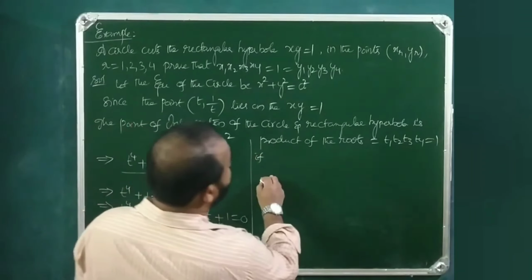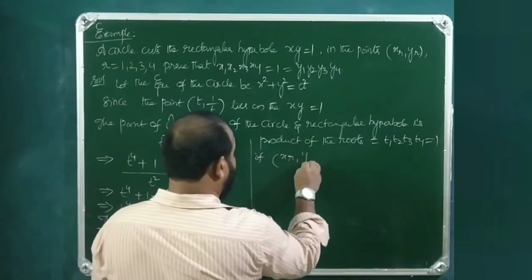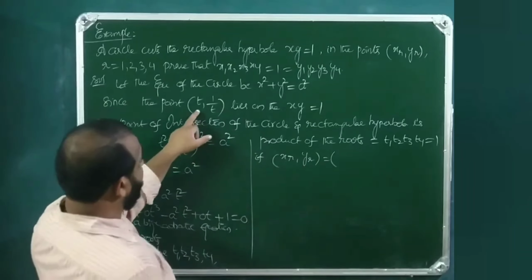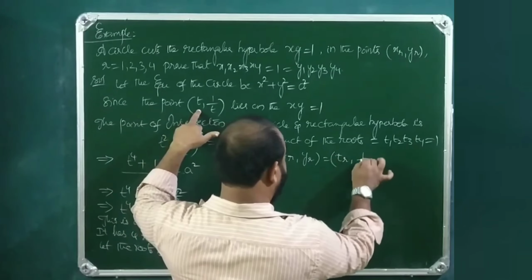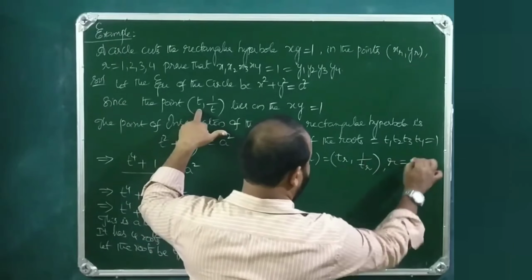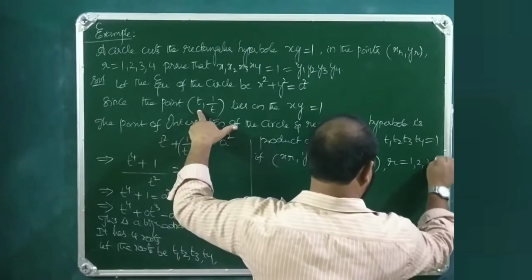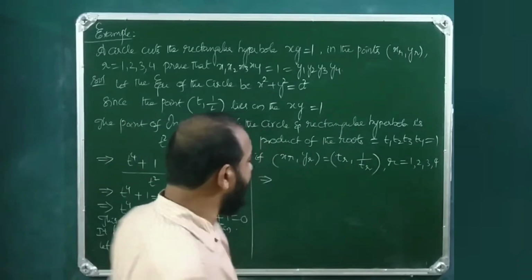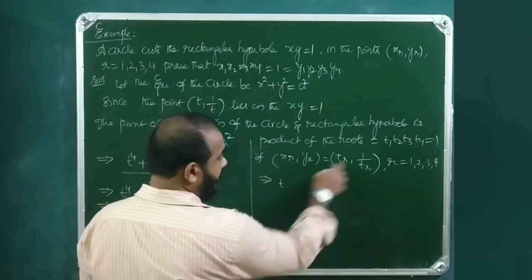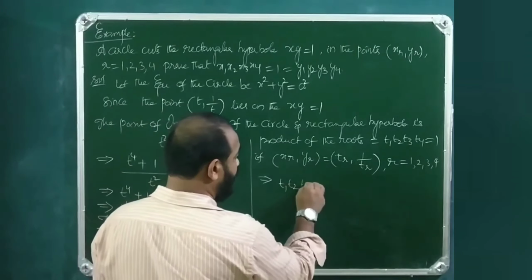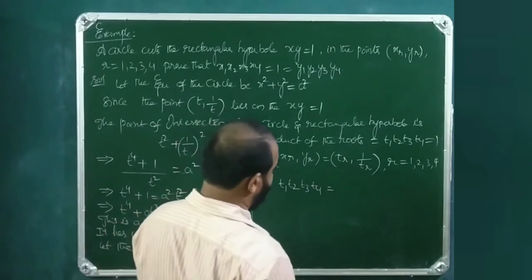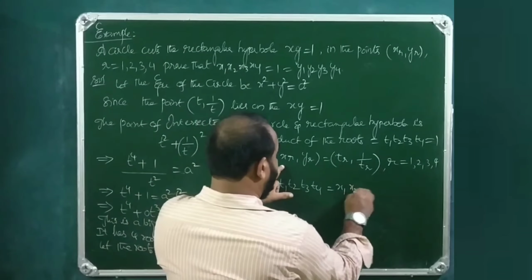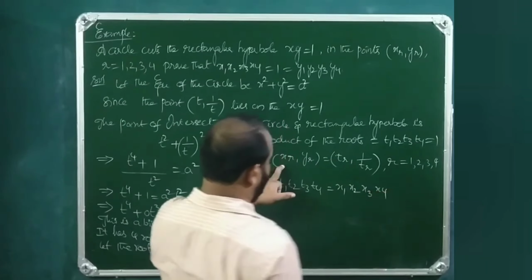If xr, yr is equal to tr comma 1 by tr, where r is equal to 1, 2, 3, 4, then T1 T2 T3 T4 is equal to x1 x2 x3 x4.